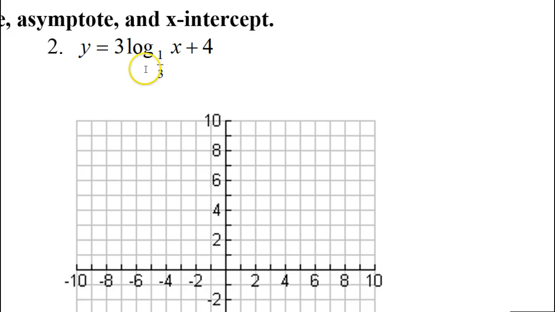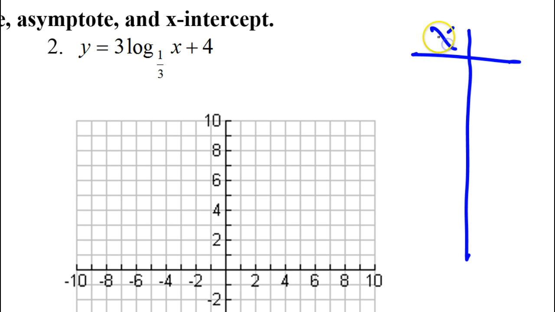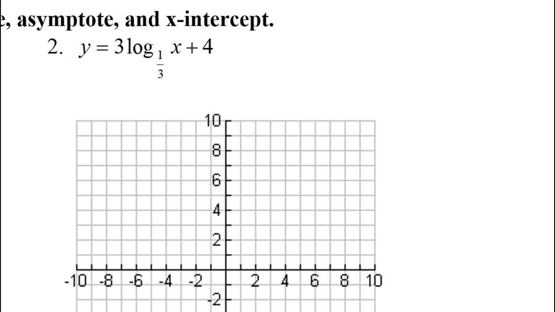All right, let's do another one of these. So let's graph one more log function. So again, anytime we're graphing logs, we are going to make a t-chart. This time we're going to wind up needing a third column. In fact, I probably should leave myself more space than that.